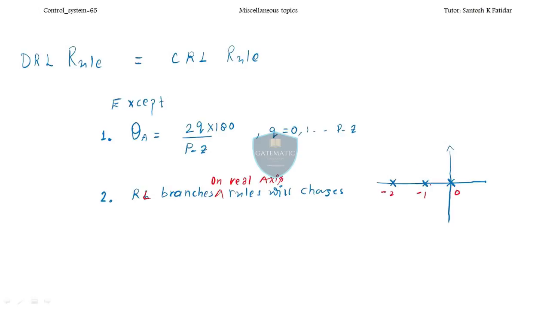So in the direct locus, when we were discussing where the root locus real branch is, let's take it as the real axis. Try to understand this.